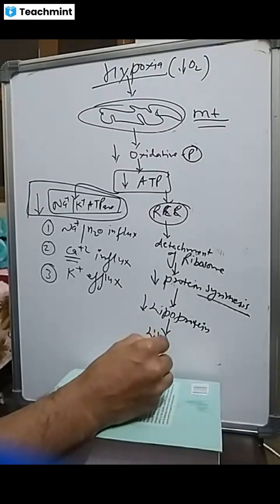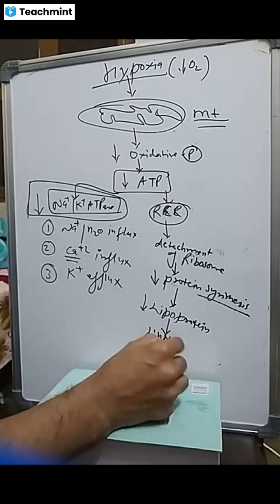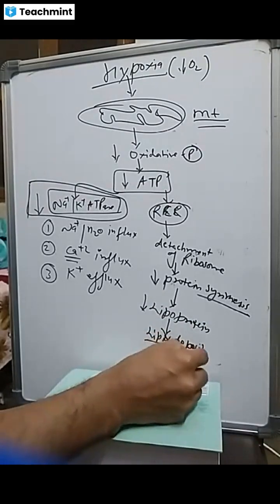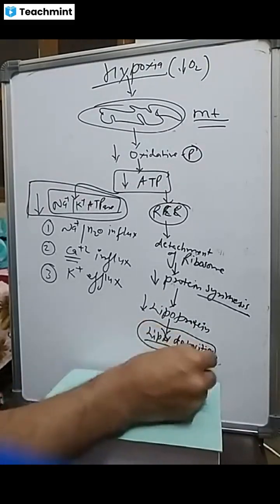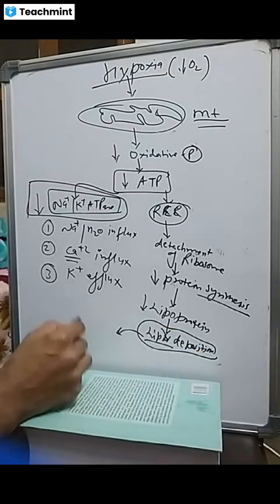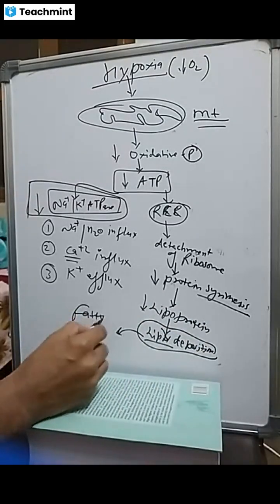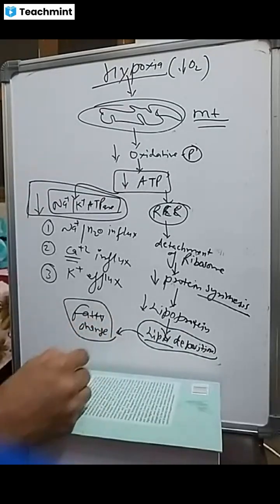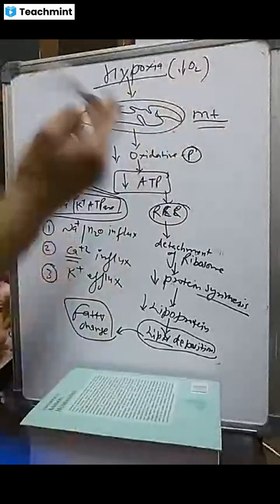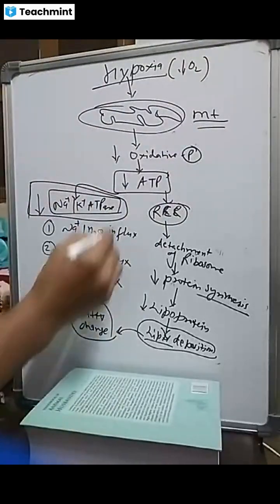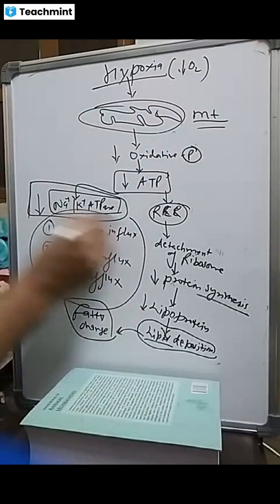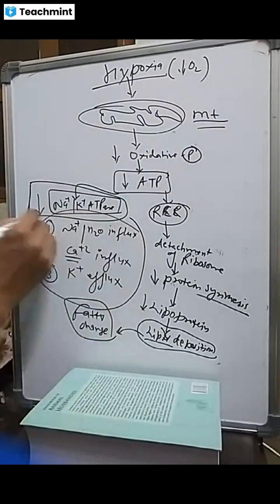If lipid is not going out, that may lead to lipid deposition, and lipid deposition is fatty change. So in reversible cell injury, these ion changes cause cell swelling.